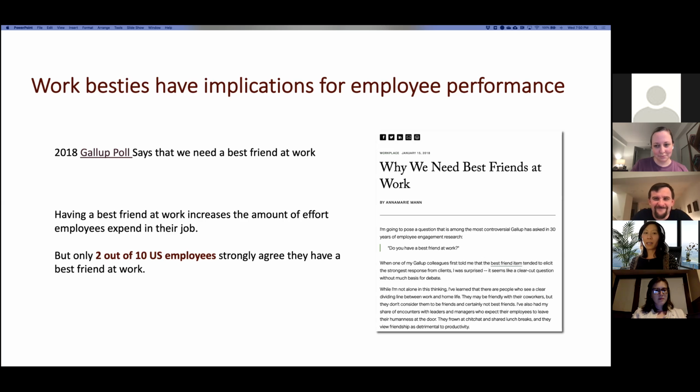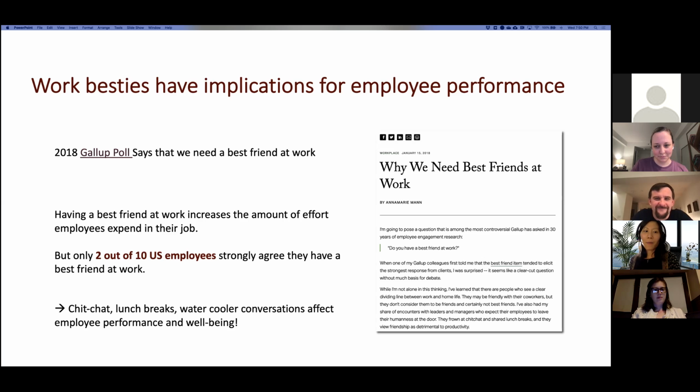This is a Gallup poll done in 2018, so a couple of years ago. What it suggested is that that kind of chit chat and those lunch breaks and those water cooler conversations are actually super important for fostering friendships and also people's performance in the workplace.